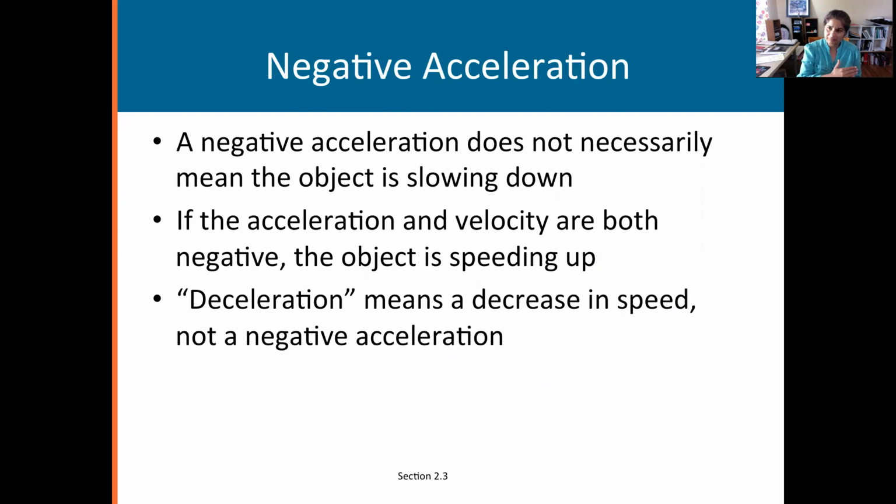Remember, if you have a negative velocity and a negative acceleration, your speed is actually increasing in that negative direction. So it's quite confusing when you use terms like deceleration. Deceleration typically means a decrease in speed. It does not mean a negative acceleration, because a negative acceleration can be associated with an increase in speed. So it's important to differentiate things.